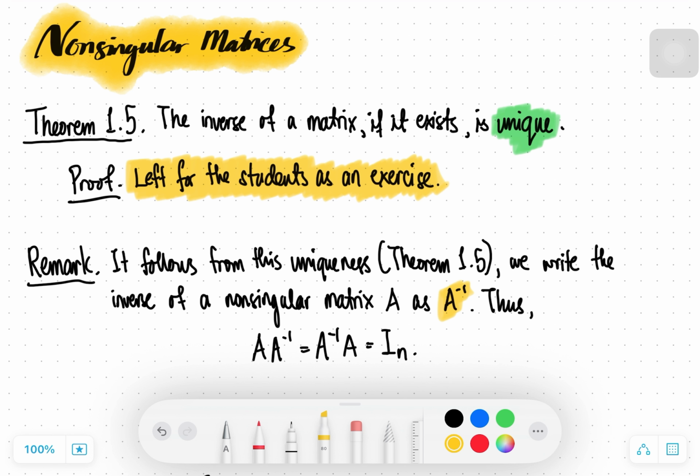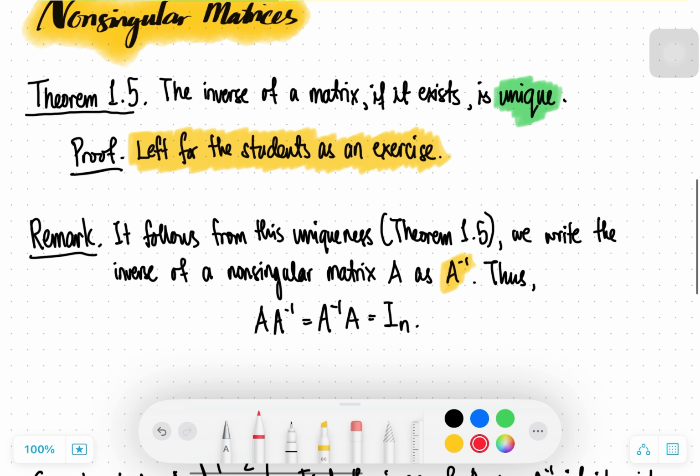So instead of our conventional way of writing it in the previous video, A times B is equal to B times A, which is equal to I sub n, where n is the dimension of both square matrices, we can just say A times A inverse is equal to A inverse times A, which is equal to I sub n.